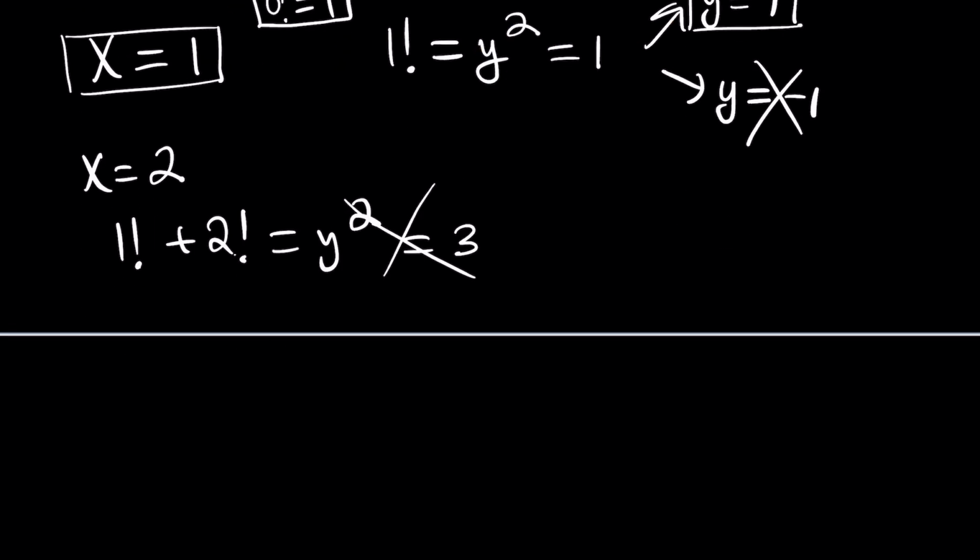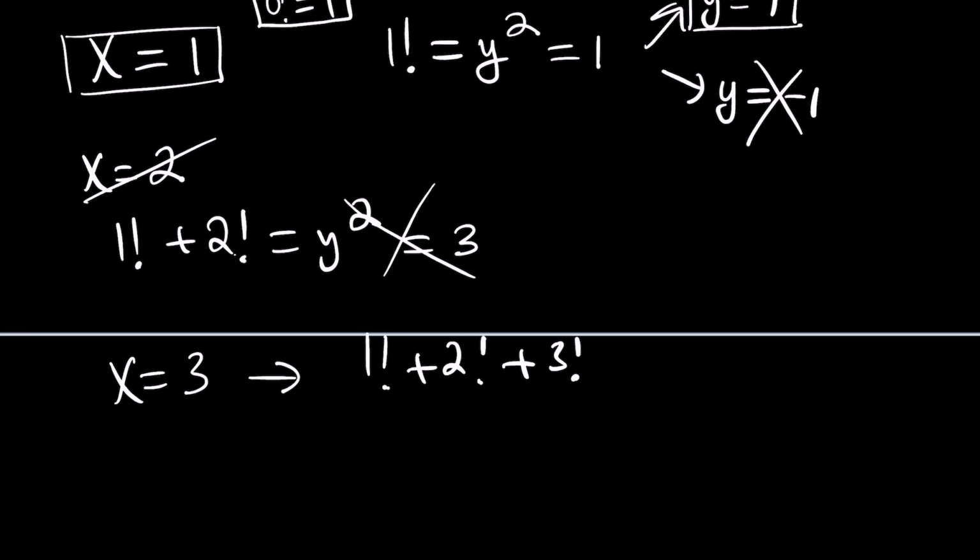Now let's go ahead and test the next value, which is x is equal to 3. Now if x is equal to 3, then we get 1 factorial plus 2 factorial plus 3 factorial, and we have to stop at 3 factorial because that's x. And this should equal y squared. Well, this is 1, this is 2, and this is 6. Guess what that sum is? That sum is 9. Great.